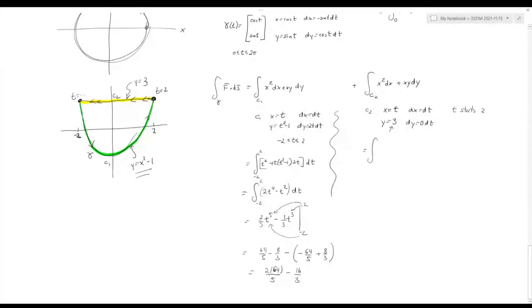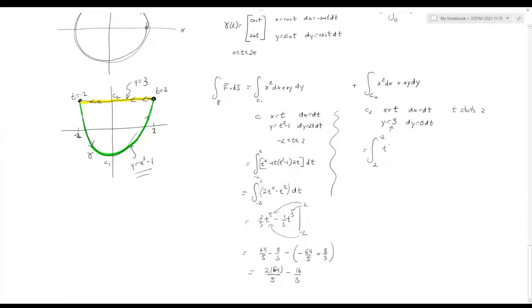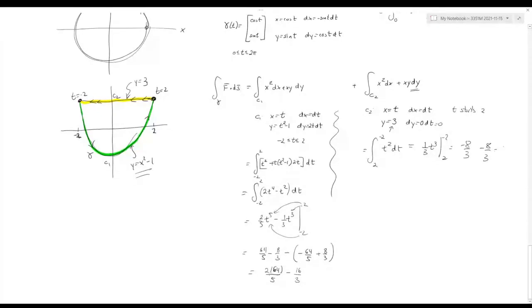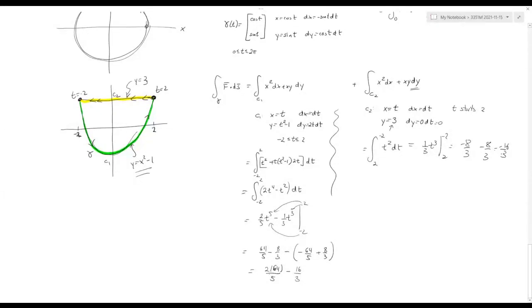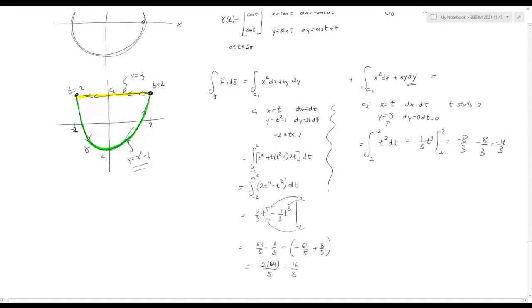And that orientation is important because our bounds would go from 2 to -2. And then we have x squared times dx. And then since dy happens to be 0, we don't have to worry about that. So that's -16/3.